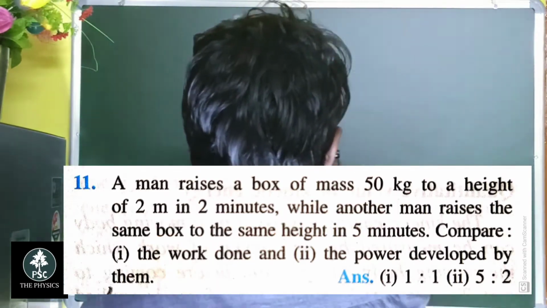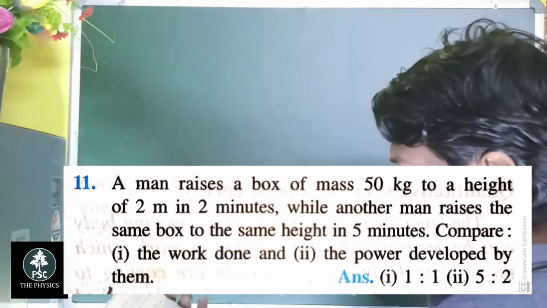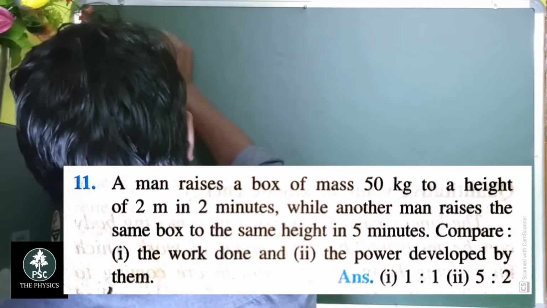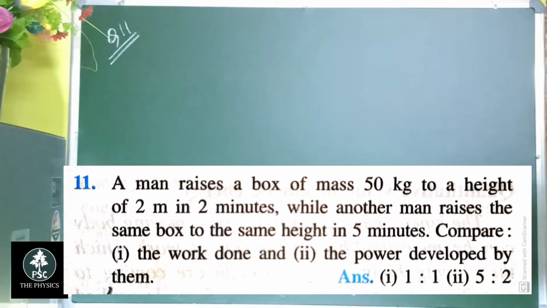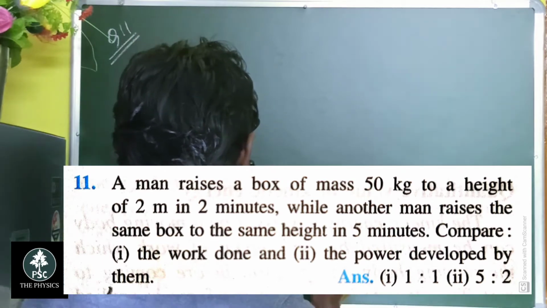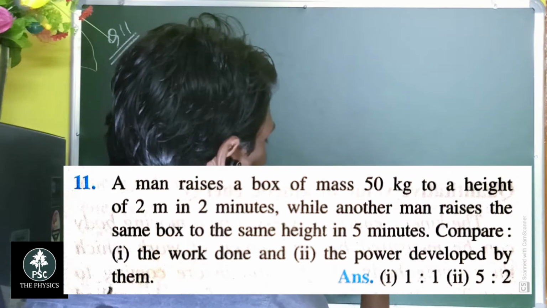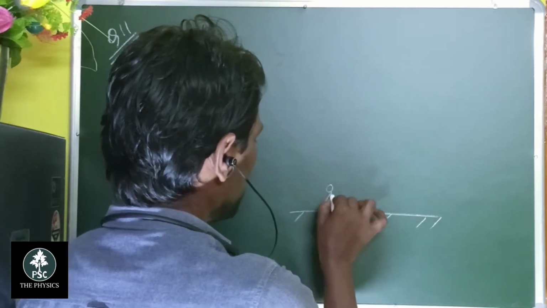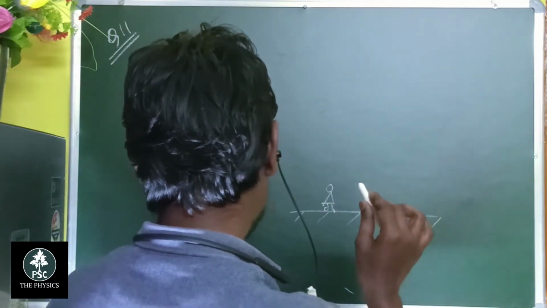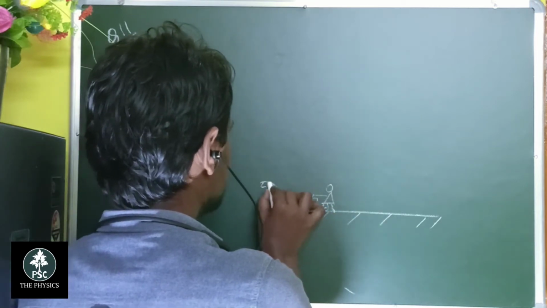The next one will be question number 11. A man raises a box of 50 kg to a height of 2 meter in 2 minutes. So this is the ground level, and there is a box of 50 kg.